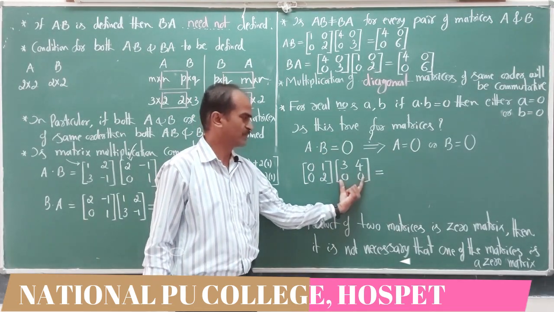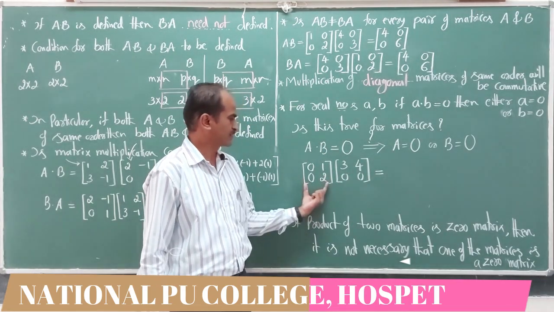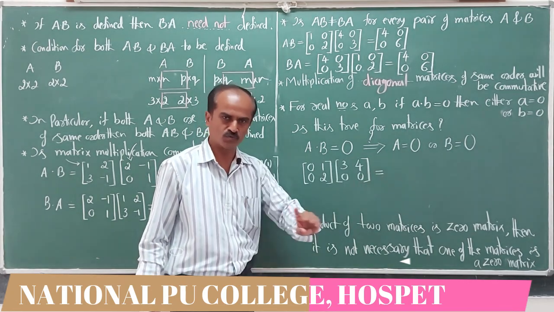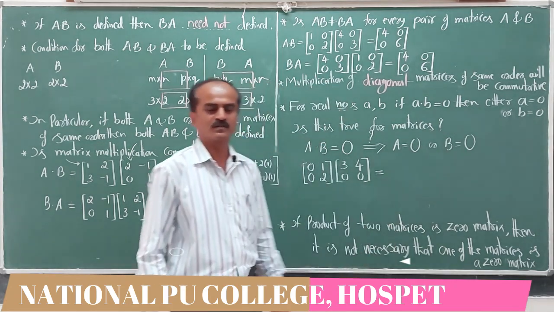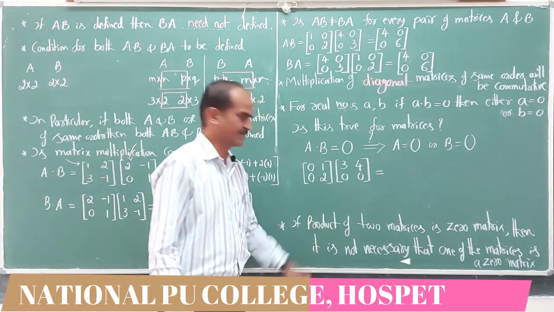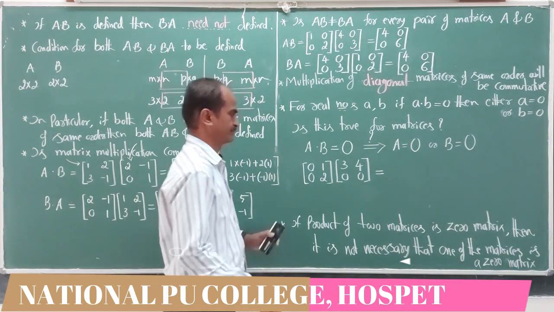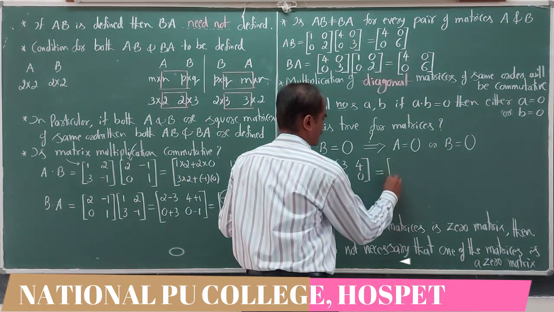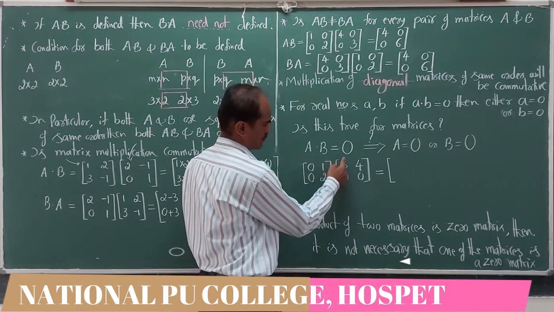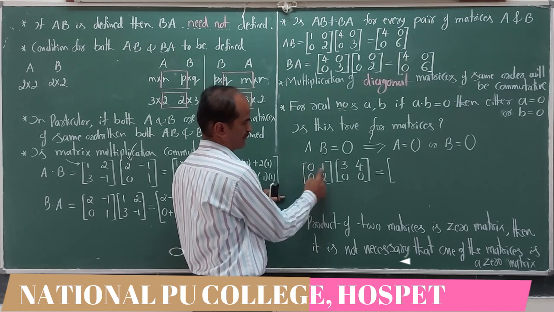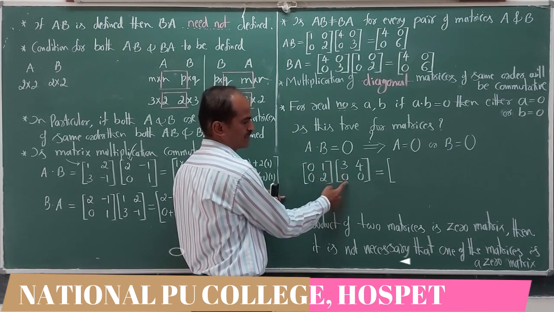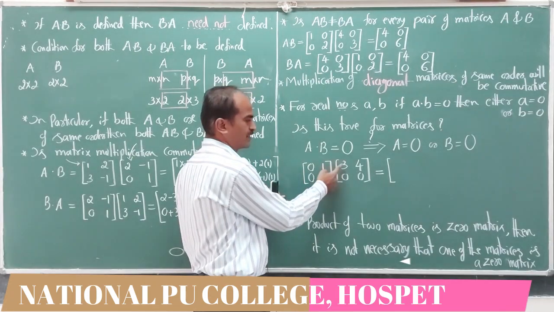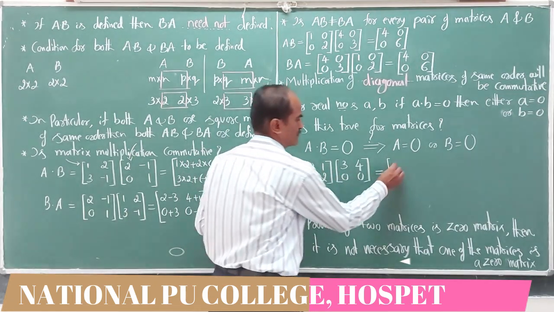Matrix B is [3, 4; 0, 0]. Check, is matrix A a null matrix? No, it is not. Is matrix B a null matrix? No, it is not. I am checking what happens to the resulting matrix A into B. First row, first column: 0 into 3 plus 1 into 0, which is 0.